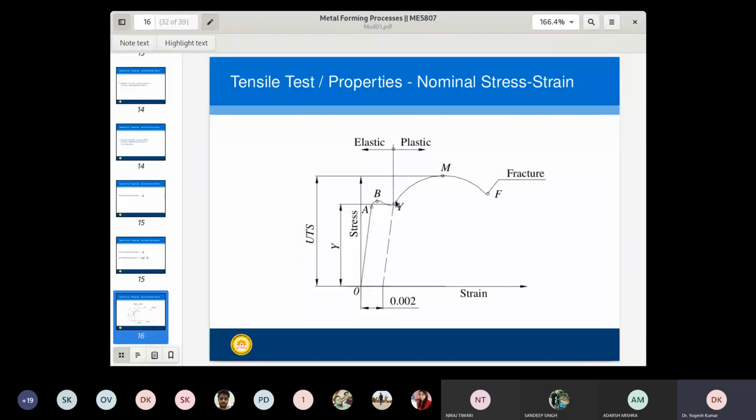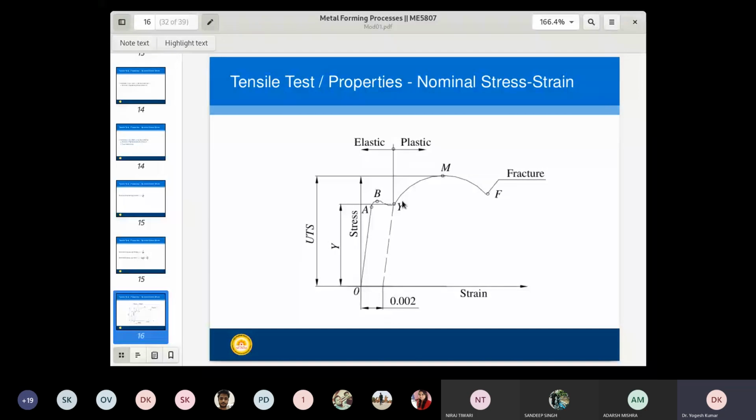This point, also called the yield point, is usually determined as the point on the stress strain curve that is offset by 0.002 of elongation.